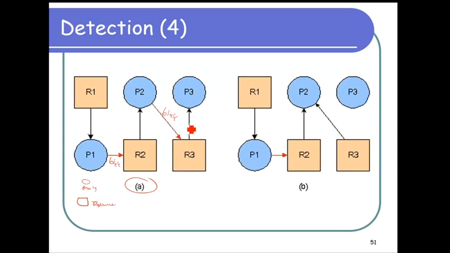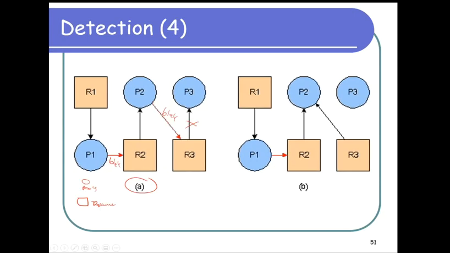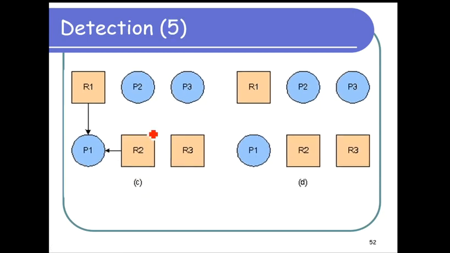It will release it, and R3 will be allocated to P2. Now P2 has finished using R2 and R3. Since P1 requested R2, R2 will now be allocated to P1. Before this, it was blocked.